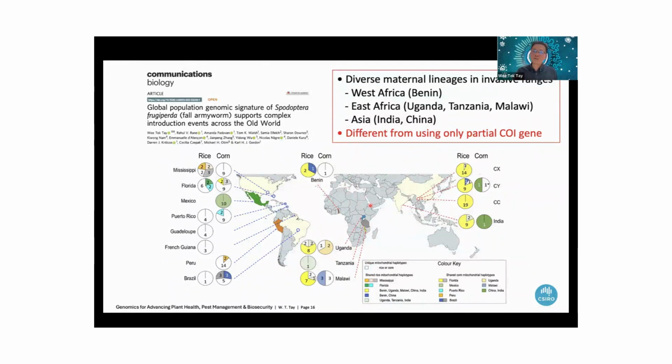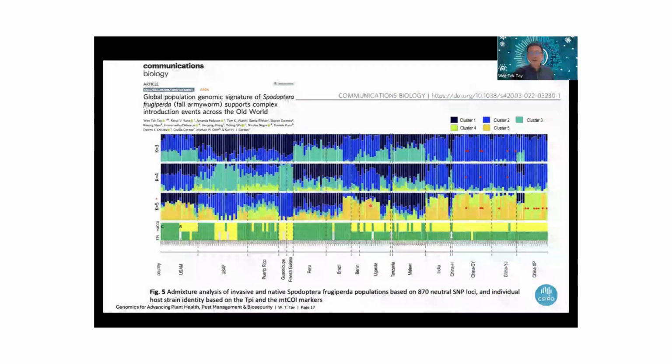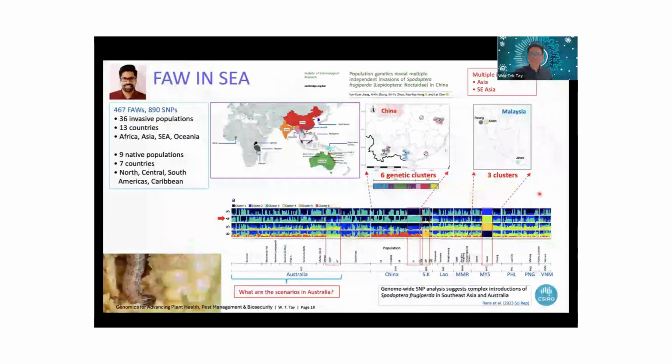So this would suggest that there are multiple female founders rather than just a single female founder. And looking at the whole genome analysis, it is not the signature of a single founder. In fact, native regions are very different, the invaded regions are again very different, and they are again different from what we see in China as well, suggesting that potentially we're looking at multiple introductions.